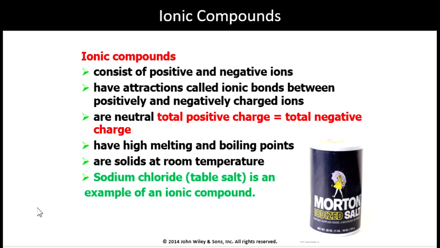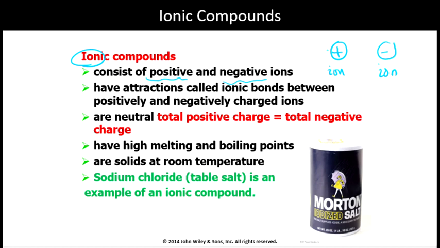Let me go back and explain or define ionic compounds. Ionic compounds are composed of ions. I told you we need to have attraction. Attraction is always between positive charge and negative charge, between positive ion and negative ion. So if we have a positive ion and a negative ion, this attraction we may call ionic bond, and we are going to make ionic compounds.